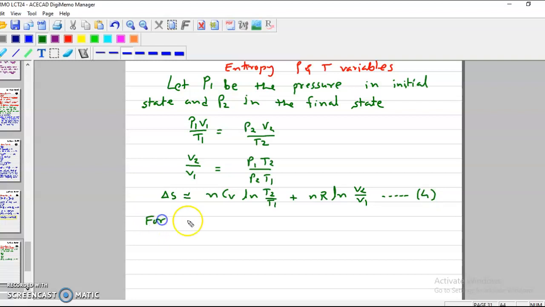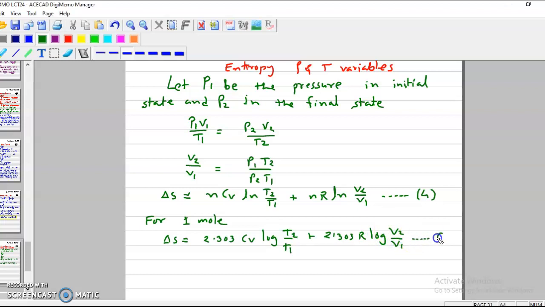For 1 mole of ideal gas, we have this formula: delta S is equal to 2.303 Cv log T2 upon T1 plus 2.303 R log V2 upon V1. This is equation 5 in the previous lecture.